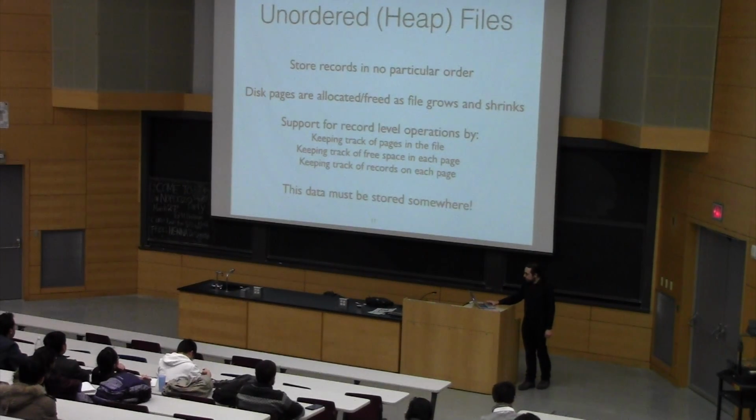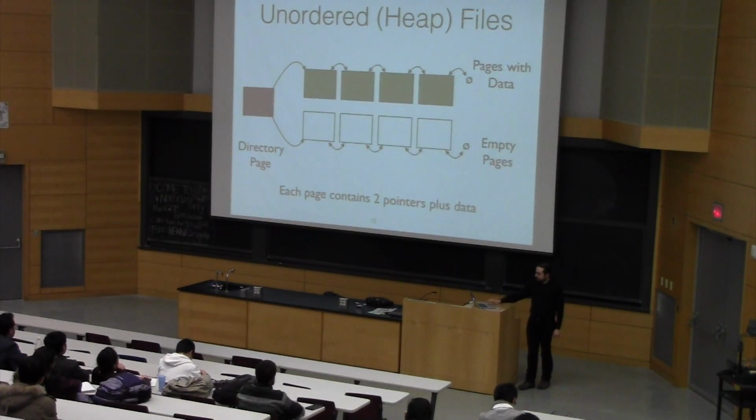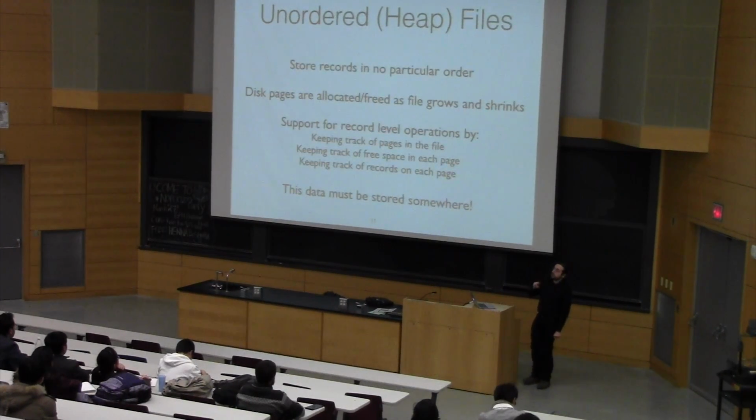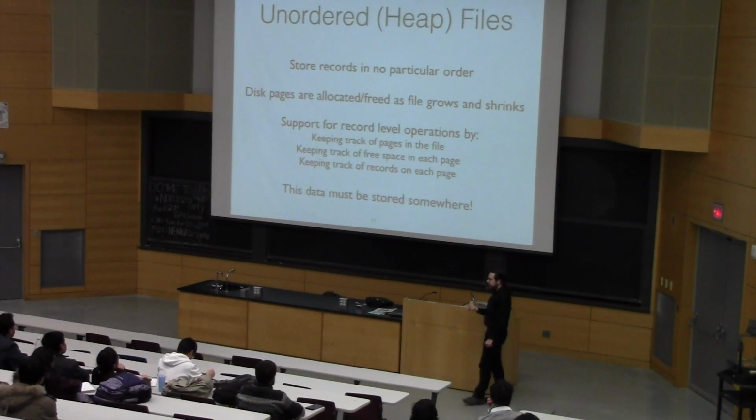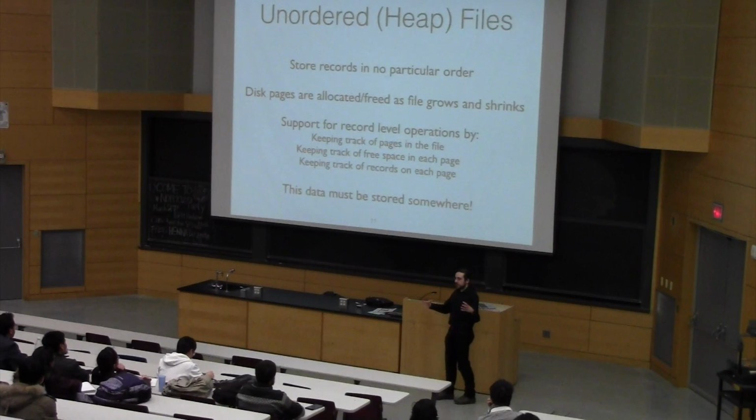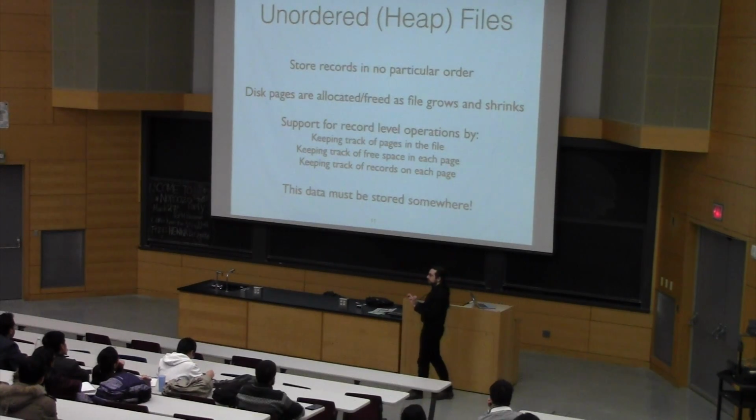And typically, what we'll do here is, let me back up. So one problem we might run into is what happens when we delete all of the records in a given page, or when we start deleting records and we realize that we have 2 pages that are half full. We can compact those into a single page.